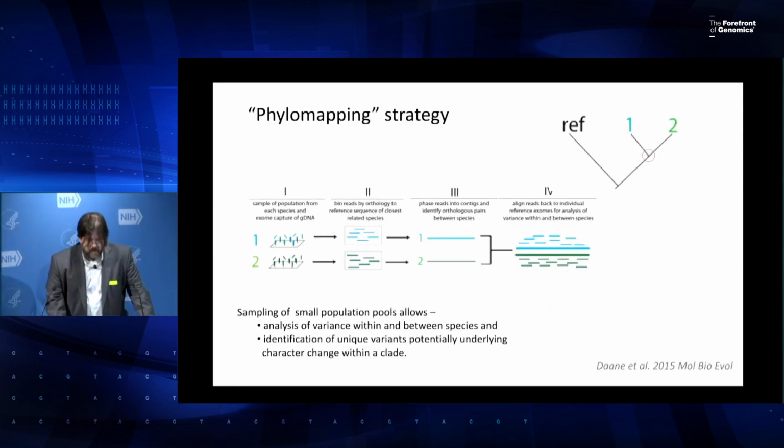So the Phylomapping strategy we've used, and we started this about 12 years ago, we decided to take a targeted capture approach at doing this. Instead of sequencing the whole genome, which in those days was short read, highly complex, annotation was not so good, we decided to actually make predictions about all the coding and conserved non-coding elements we could combine within a clade of the known genomes of the clade, and target capture all this orthologous sequence in pooled samples from species lineages we're looking at.